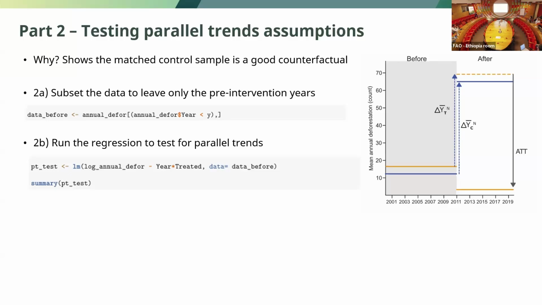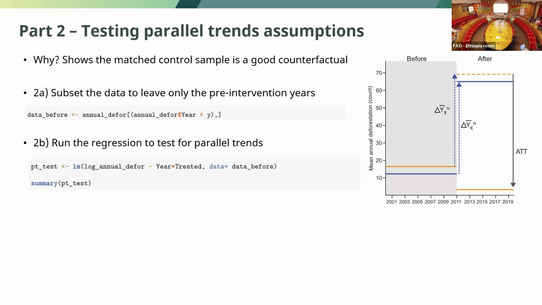And so we test that assumption in the pre-intervention period, because that's the only time that we can do that. Because if the two samples are not following similar trends in the first period before treatment, why on earth would we expect that they would still follow similar trends in the second period? We wouldn't. So that's what we're assessing here.